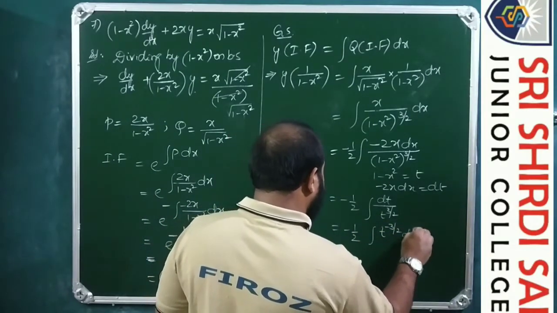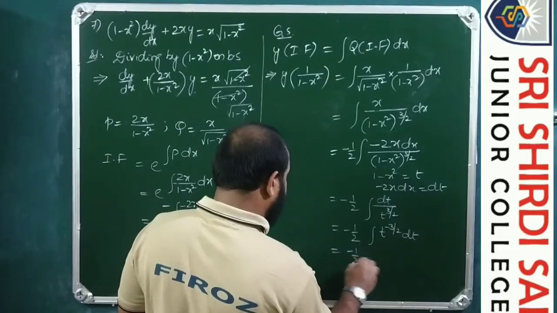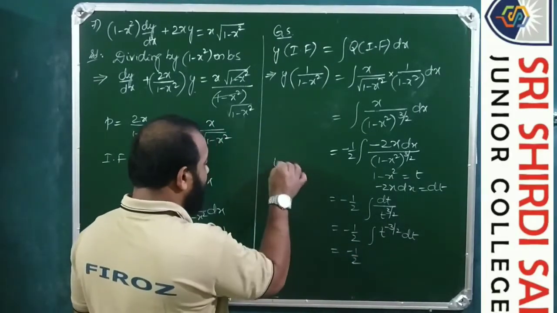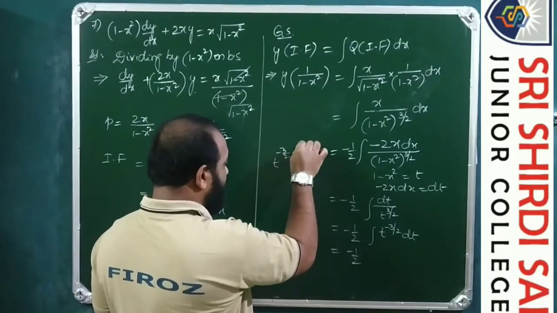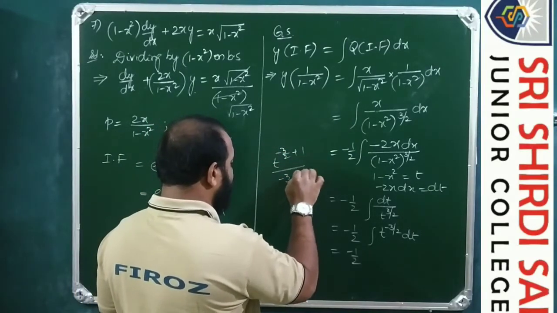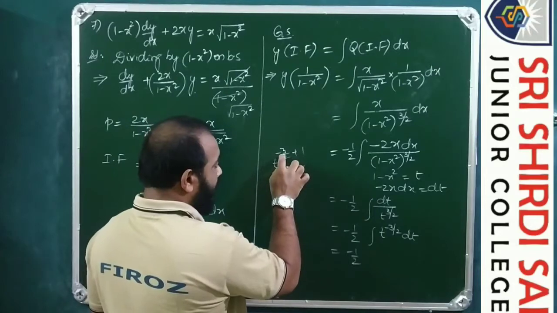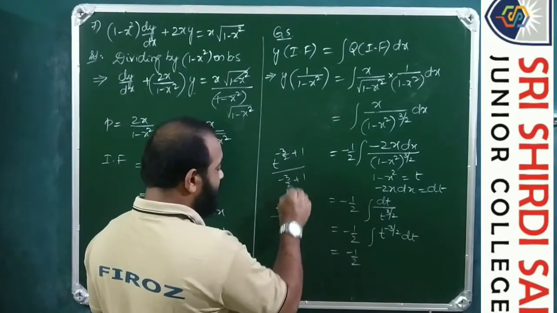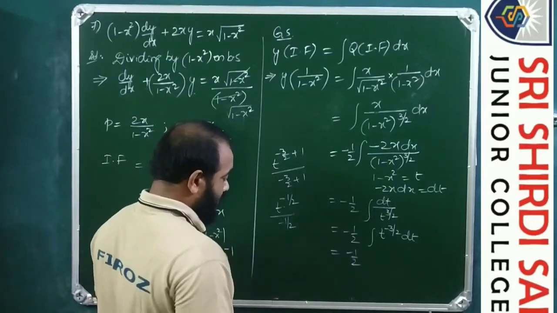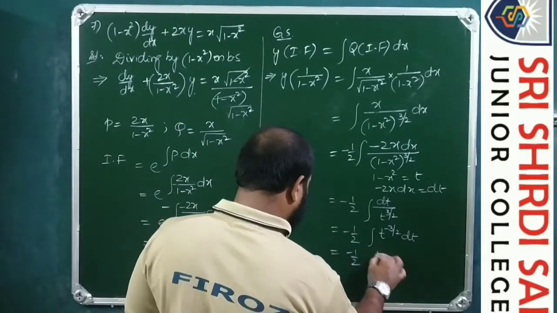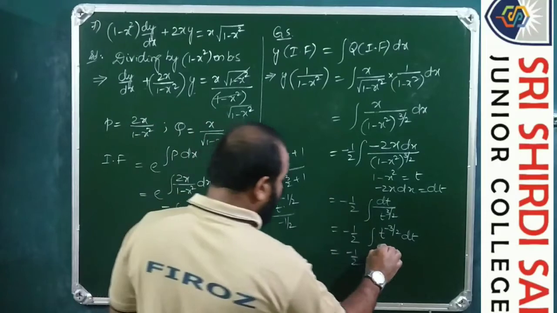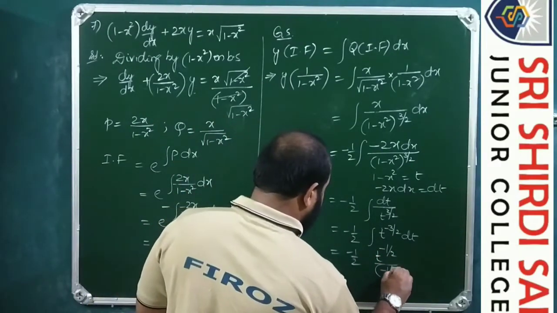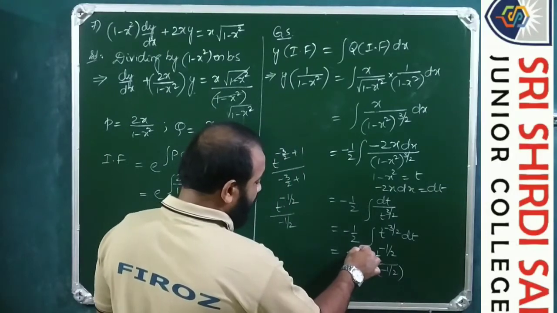So minus 1 by 2, t power minus 3 by 2 integrates to t power (minus 3 by 2 plus 1) by (minus 3 by 2 plus 1). So t power (minus 3 plus 2) is minus 1 by 2, divided by minus 1 by 2. So this is t power minus 1 by 2 by minus 1 by 2.